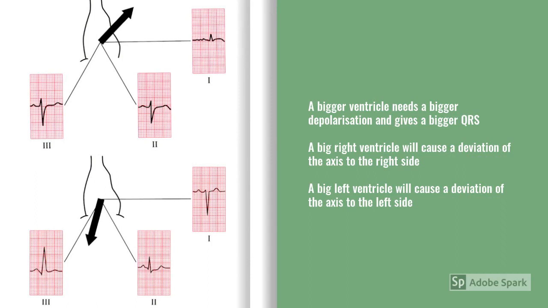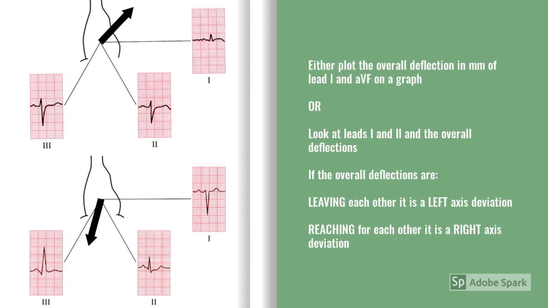So we can talk about left axis deviation and right axis deviation. The pictures there are quite helpful in just demonstrating that, where the bigger QRS swings the axis in a certain direction. So a typical rule of thumb is that an enlarged or a pathological right ventricle will often give a bigger QRS, causing a deviation to the right, and a large left ventricle will cause a bigger QRS complex, causing a deviation to the left.